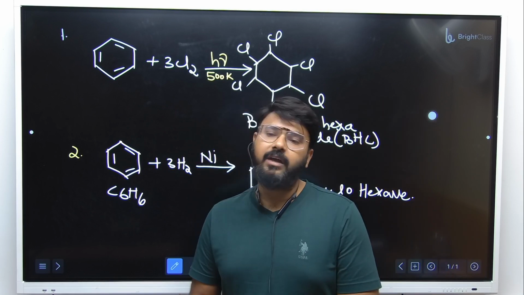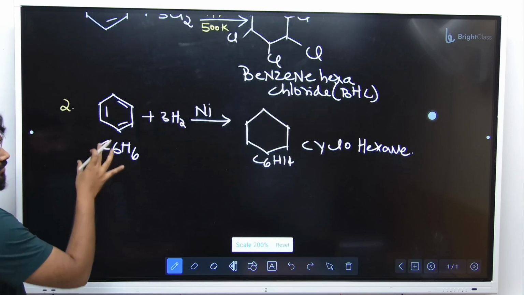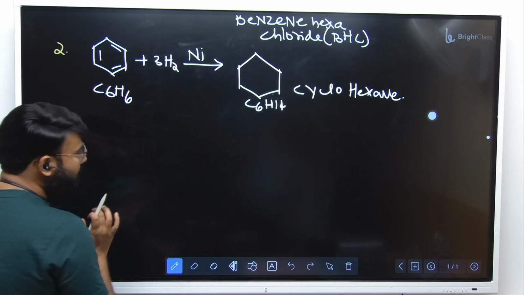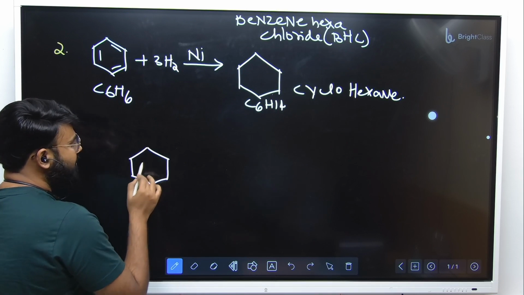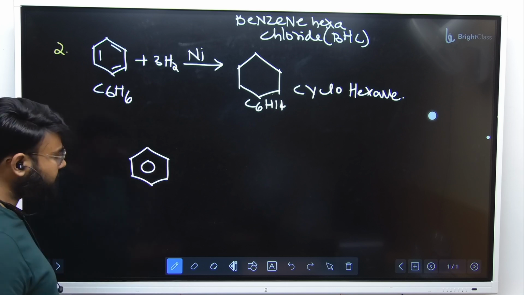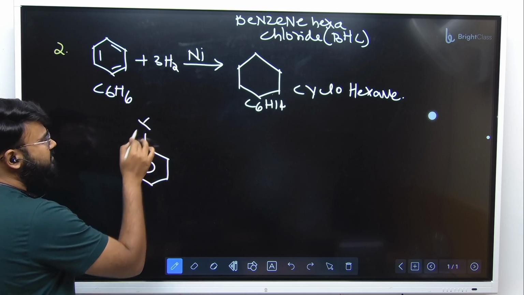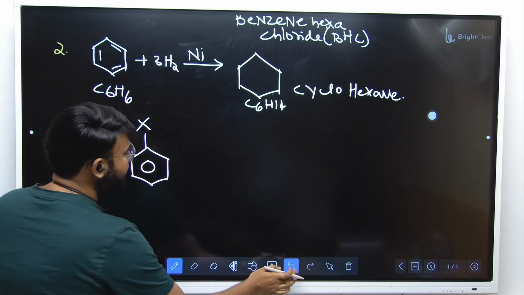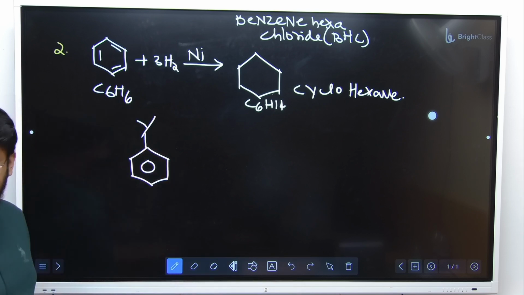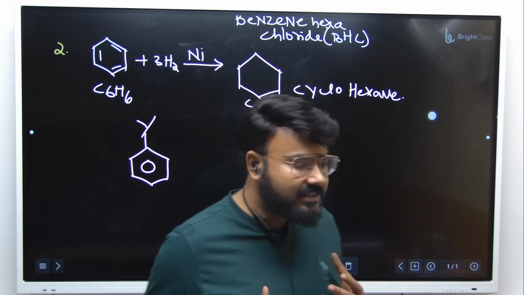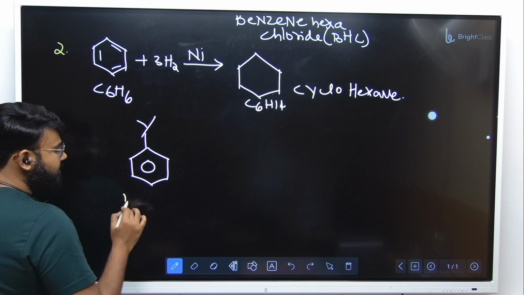So let's leave that part. Now I have a question to you all. Guys, please see this question now. If I have a benzene, and let's say this benzene is substituted. Something X is present. If I put X, you might understand it's a halogen, so let's say something Y is present. Assume that this benzene is mono-substituted, means some group is present.